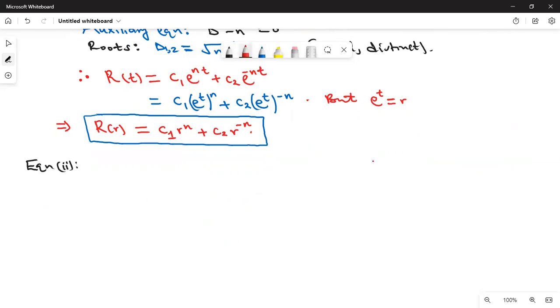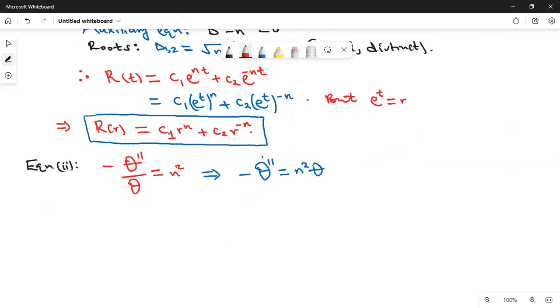It is this one, negative theta double prime over theta is equal to n squared. So this equation, if I cross multiply, I'm going to get negative theta double prime is equal to n squared theta.